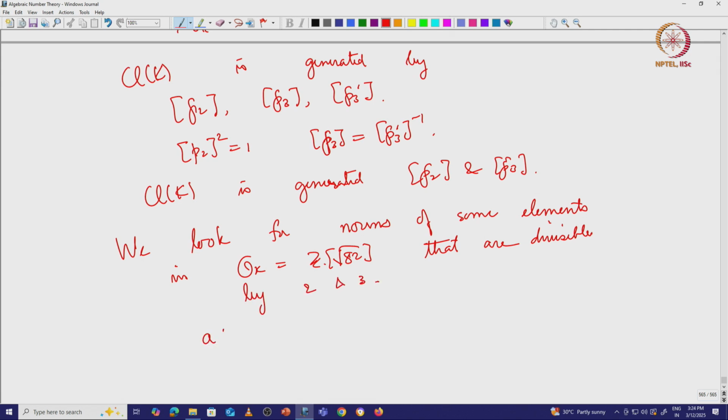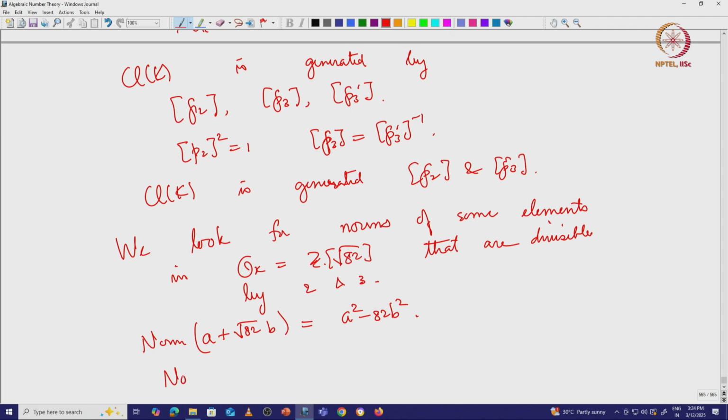So, if I have a plus square root of 82 times b, then the norm of this is equal to a square minus 82 b square. So, what you do is you look at norms that are small and divisible by 2 or 3. So, for example, this equation tells you that you should look at a bigger than or equal to 10.